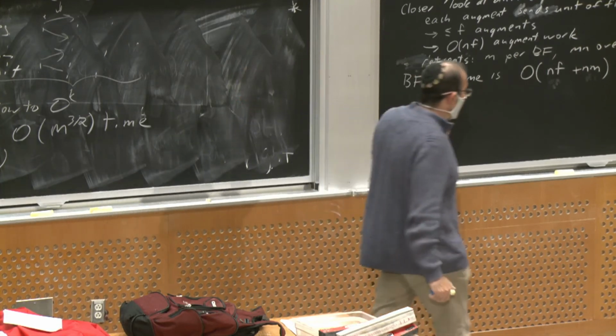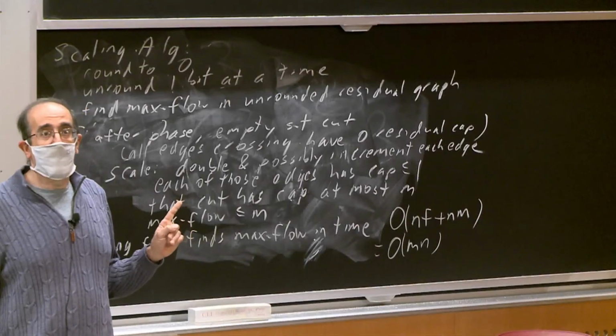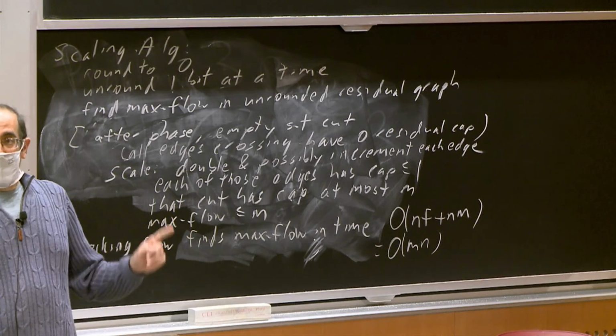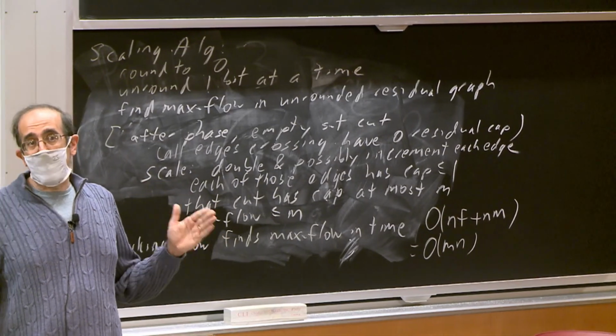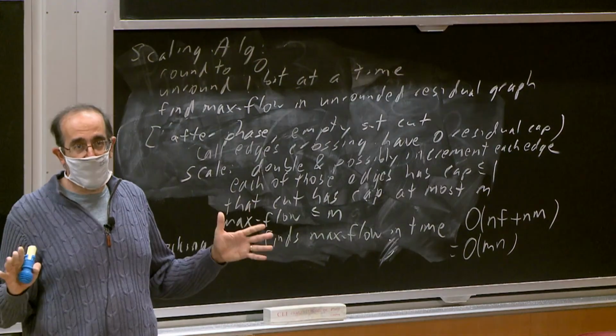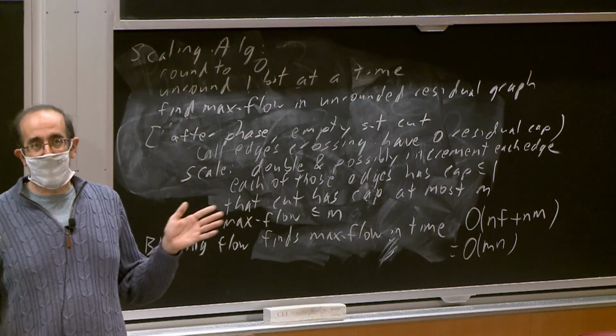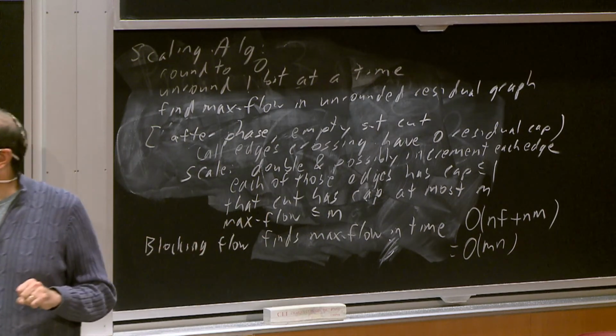So one phase of the scaling algorithm will take order mn time. And during the phase, we don't do any capacity changes, and so no capacity gets created, except by the augmentations that we're doing. We create residual capacity.